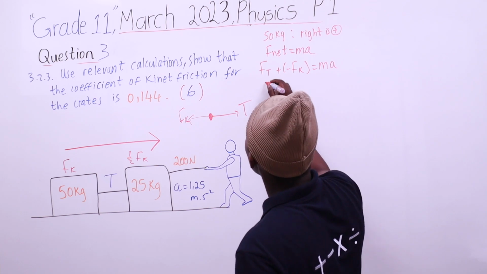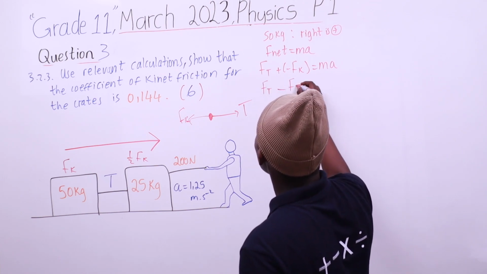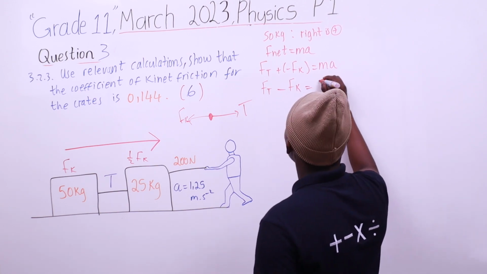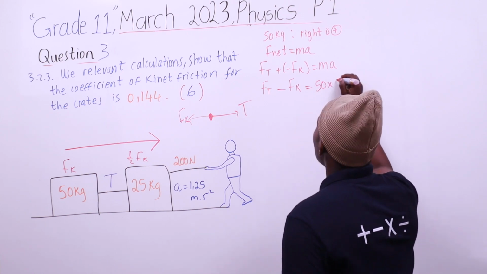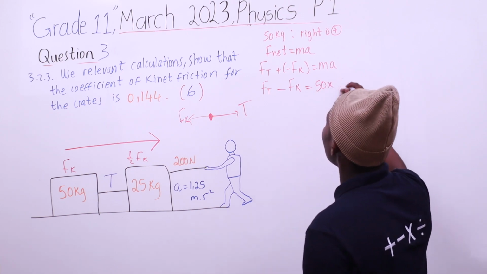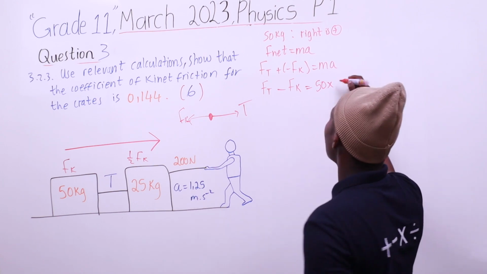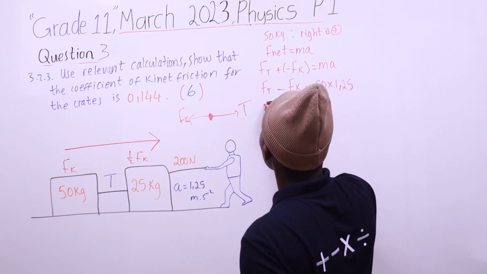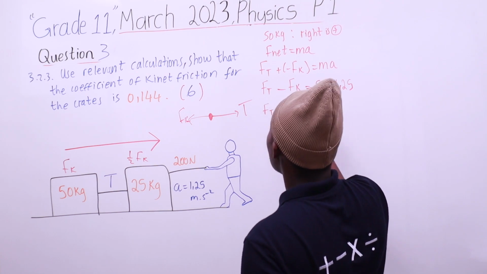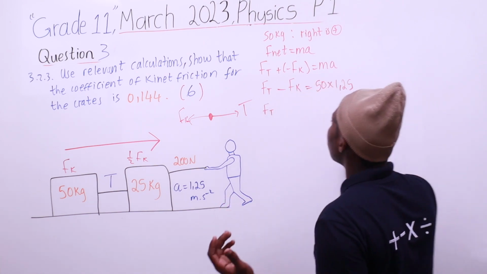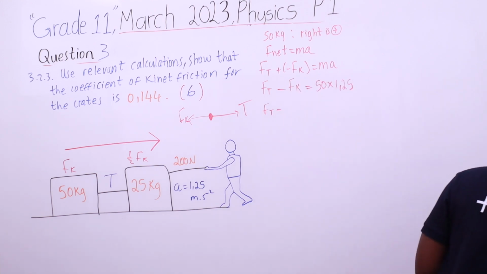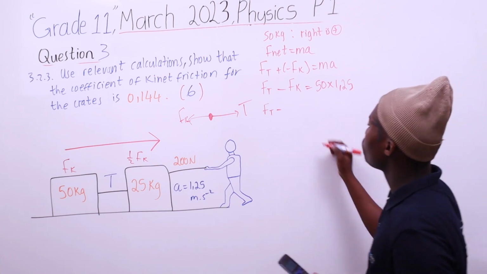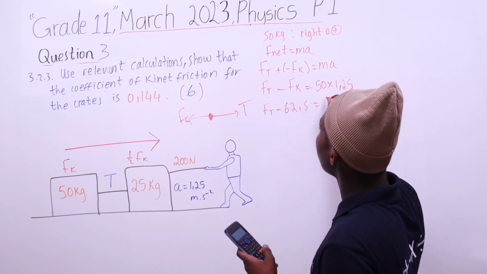Ft minus Fk equals 50 times the acceleration, which is not 9.8, it's not g, but 1.25. So Ft minus 50 multiplied by 1.25, which is 62.5, minus 62.5 is equal to the friction.